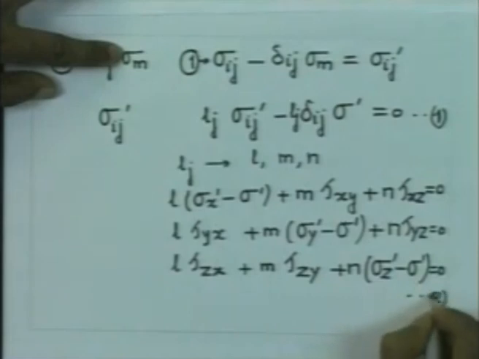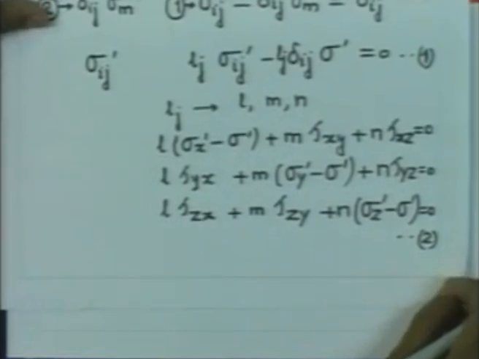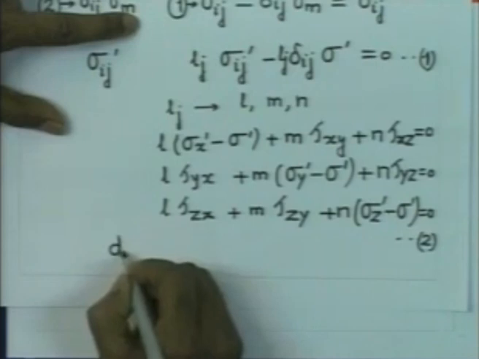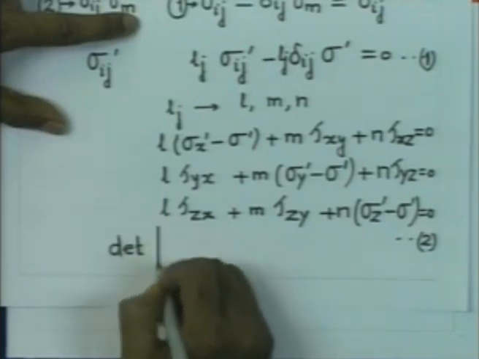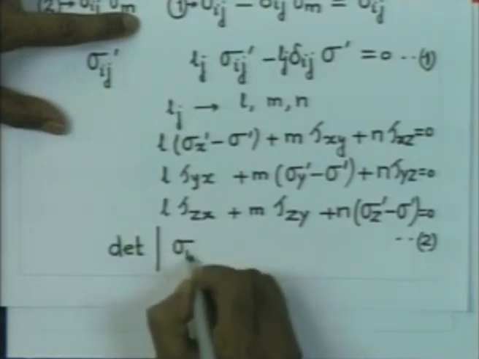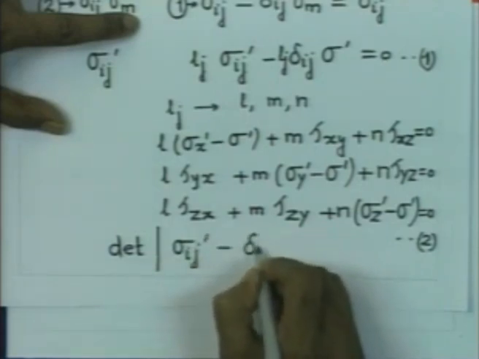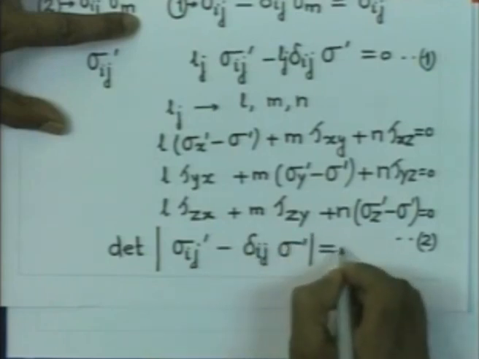So, this set of equations will have solutions for the direction cosines l, m and n, provided the determinant of the coefficient matrix, that is sigma ij dash minus delta ij sigma dash, equals 0.